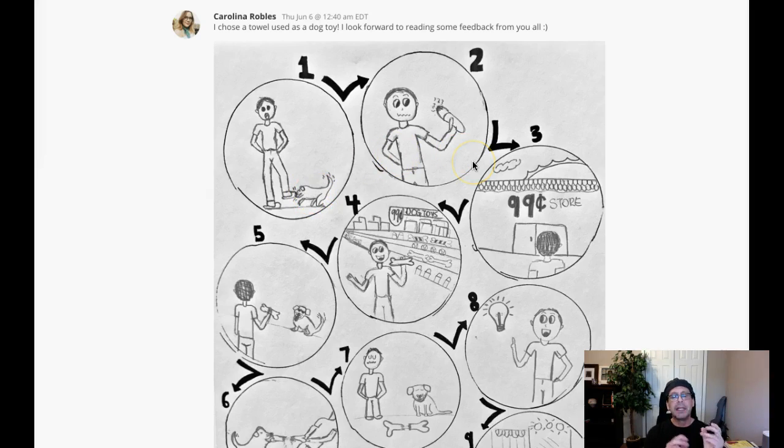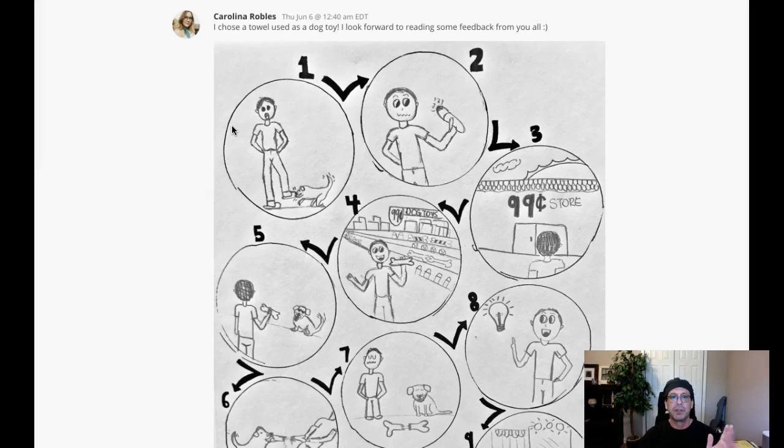So I think the initial problem isn't the chewed up shoe. I think the initial problem is that the dog doesn't have a toy, therefore went and chewed the shoe. Okay, then it makes sense. So in the first frame, or the first two frames, the dog doesn't have a toy. I don't know if he throws it over the fence or whatever the situation is, somehow the dog toy gets lost or popped.